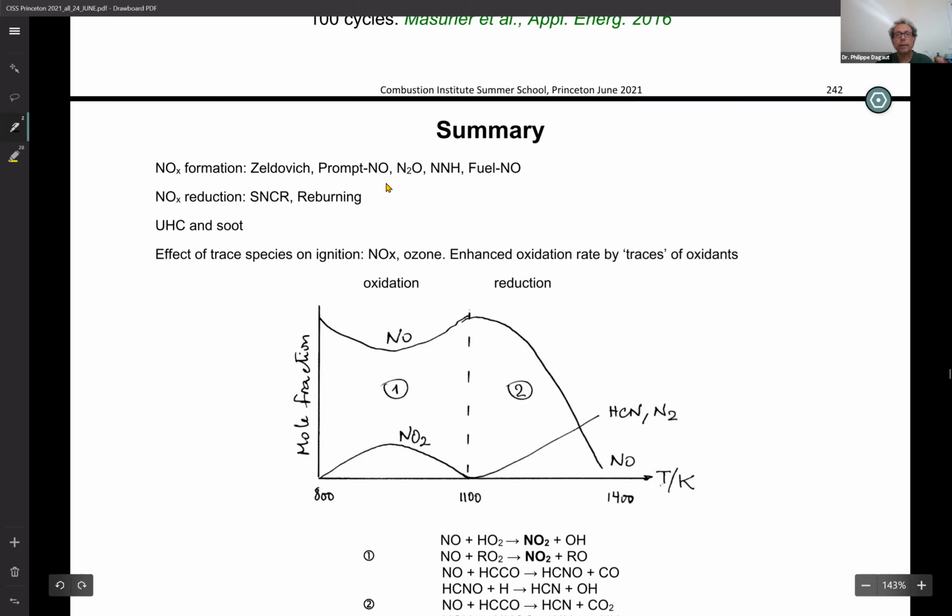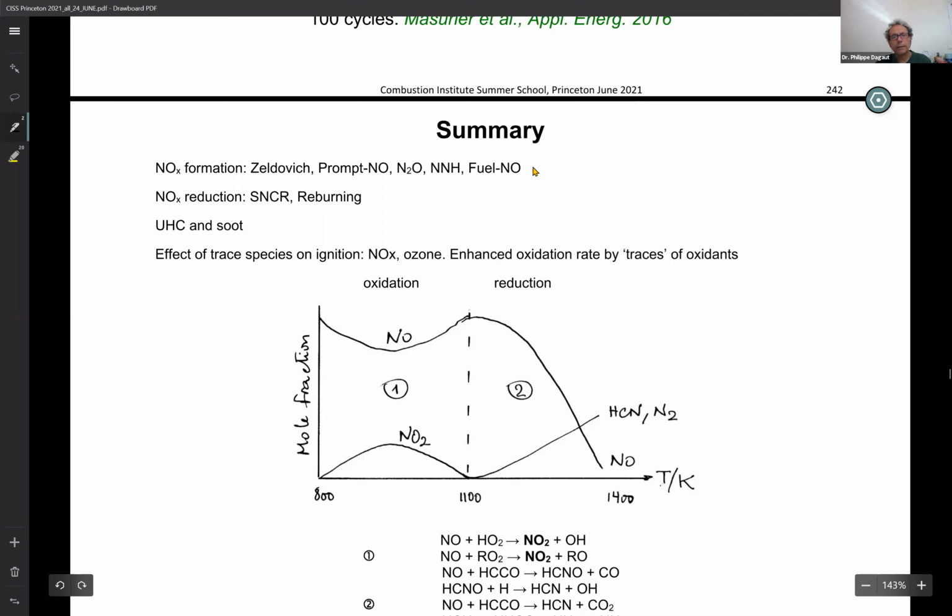It's favored by high pressure because N2O is formed by N2 plus O plus a collider. So increasing the pressure will increase this rate of reaction and favor the formation of N2O, which then will react with different species and can produce N2. The NNH mechanism is also possible, but usually this mechanism is of less importance compared to these three others.